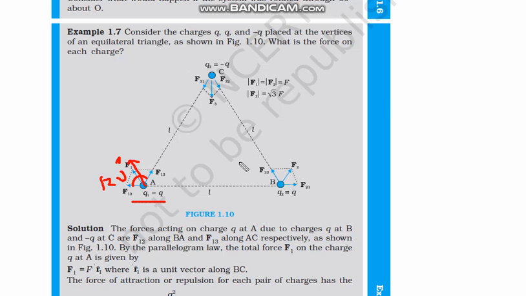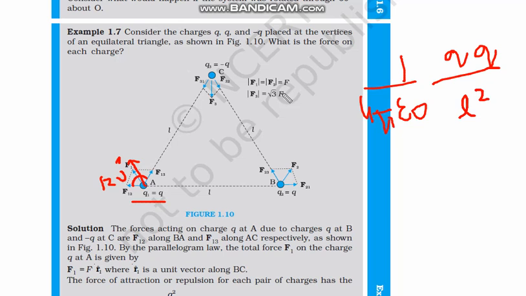So this F12 simply comes 1 upon 4 pi epsilon naught, q1 q2, both are q, and distance between them L square. Let us consider it as F. So this F12 is F.